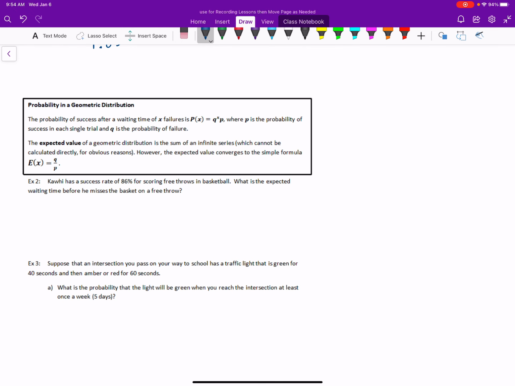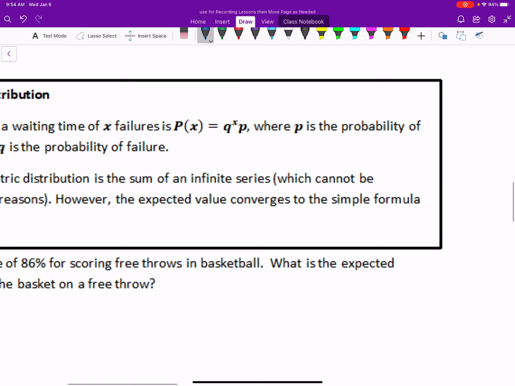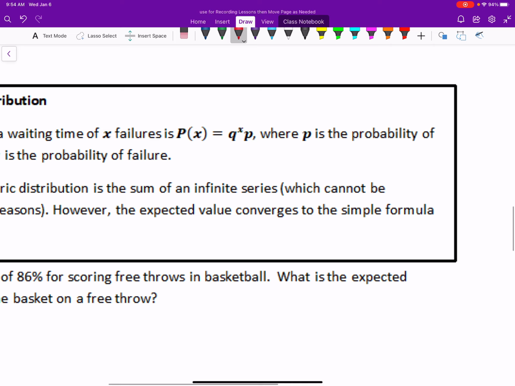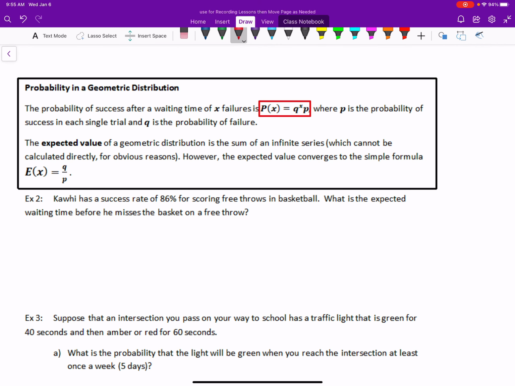The probability of success after a wait time of X failures is given by this formula here. So we've pretty much established that in our table. We saw what happened if Q is our probability of failure, then we do Q to the X, where X is the number of failures we have, just times the probability of success.